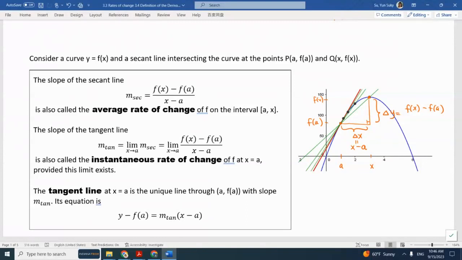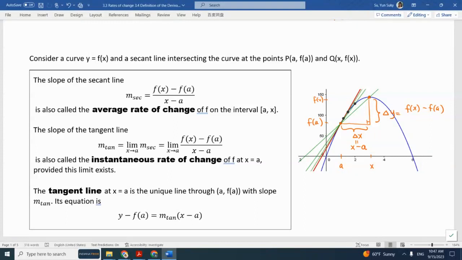You let the second point go to the first point, then it's the slope of the secant line. So it's the limit as x goes to a of f of x minus f of a over x minus a. This is the formula of the slope of the tangent line. This is also called the instantaneous rate of change of f at a, provided the limit exists.